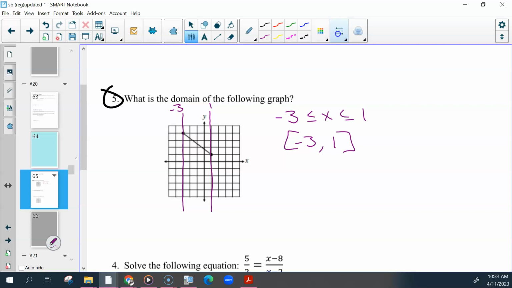Before we start our notes, I'm going to talk a little bit, just to refresh our memories. I know we probably haven't thought or talked about transformations since before break, but prior to break, we were talking about domain and range, increasing and decreasing, and constant intervals, where those happen.